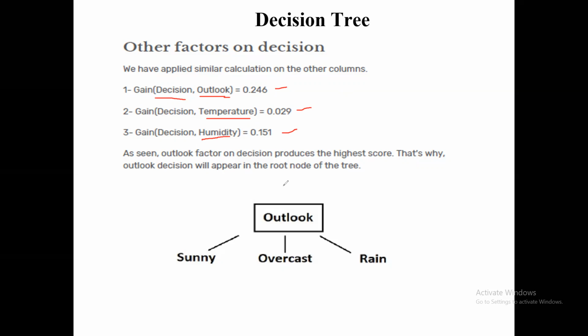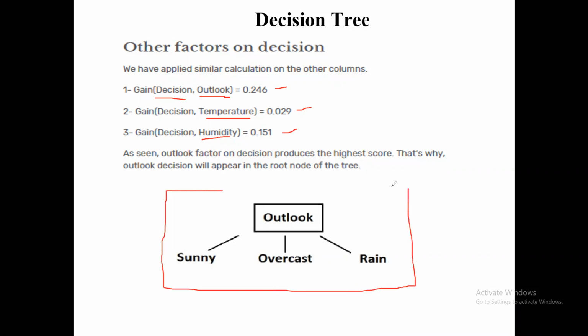So that's why we decide to set the outlook attribute as the root node and split on it at the first level. After the first split, our decision tree stands like this, where outlook is the non-leaf node and the 3 branches are the corresponding 3 values for the outlook attribute, which are sunny, overcast, and rain.